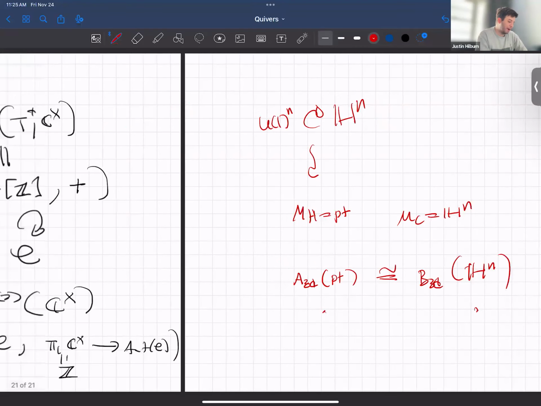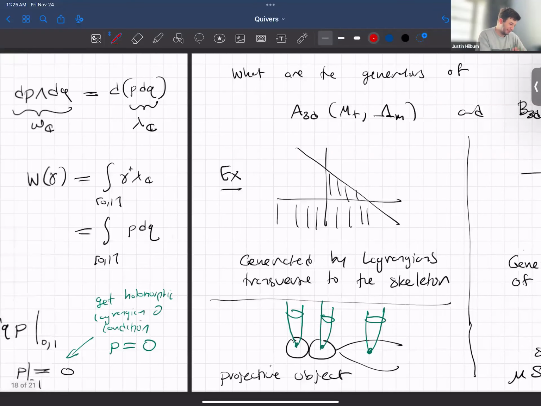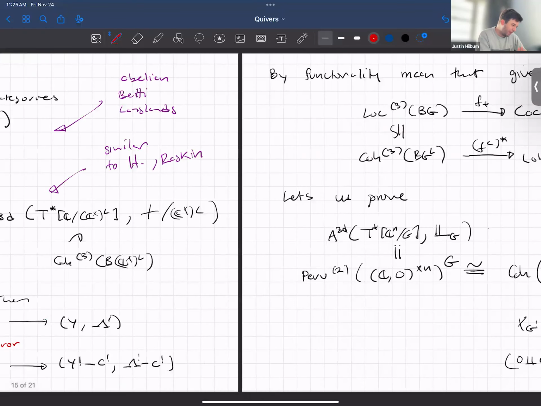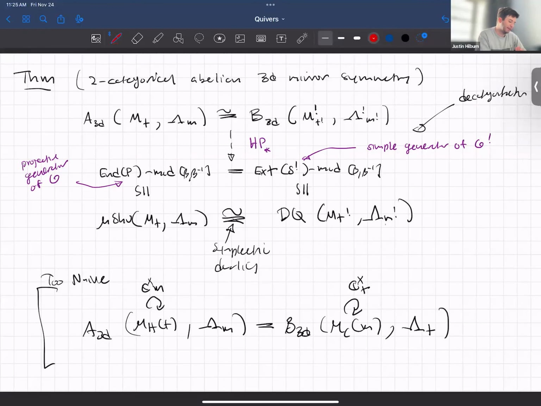The way this is solved, which I didn't really get to talk about at all, in the example that we have actually worked out, is that this A3D is sensitive to the quotient presentation. That's not surprising, because the Hilbert space is also sensitive to the quotient presentation, and the two category knows the Hilbert space.